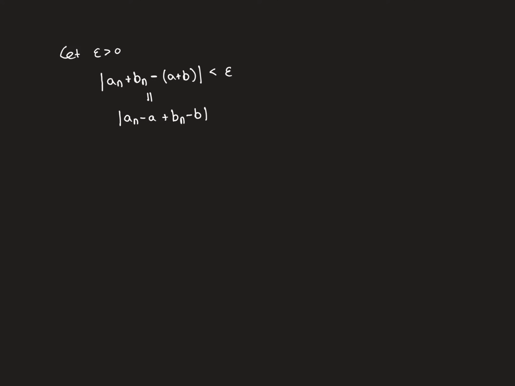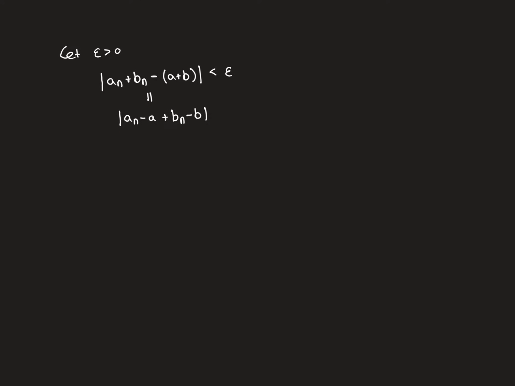The reason being is we want these two things next to each other because we know something about the difference between an and a and bn and b. We know that we can make it indefinitely small and it will stay indefinitely small. Obviously at the moment we haven't quite got this in the form of mod of an minus a and mod of bn minus b. It's still one big modulus.